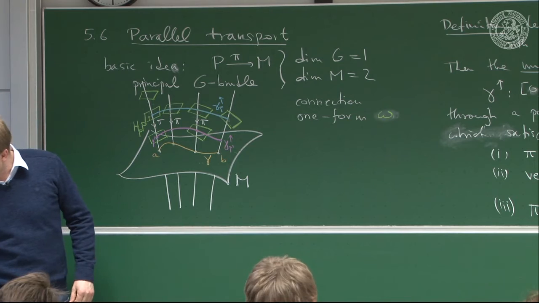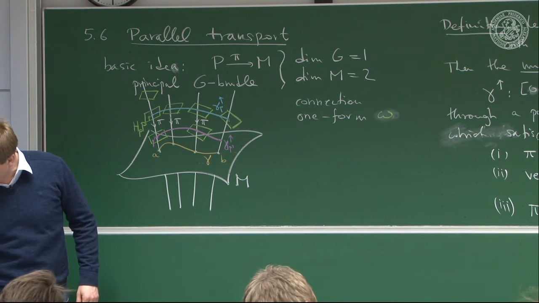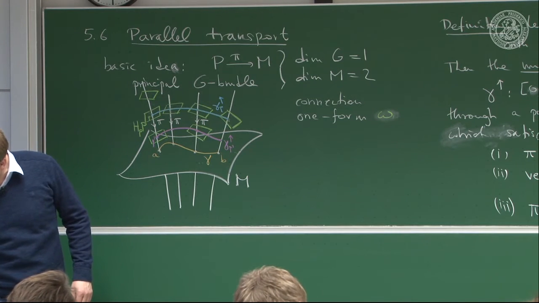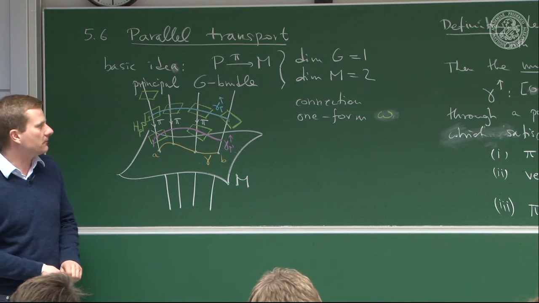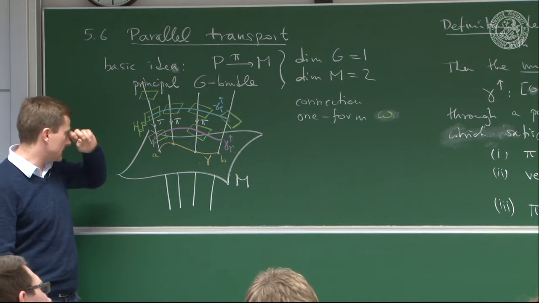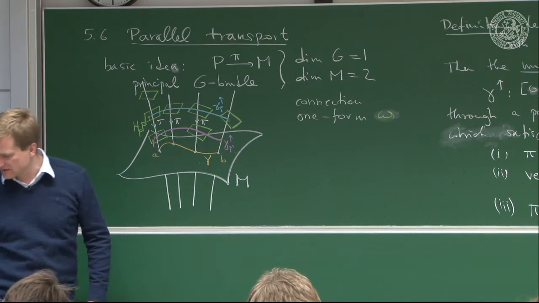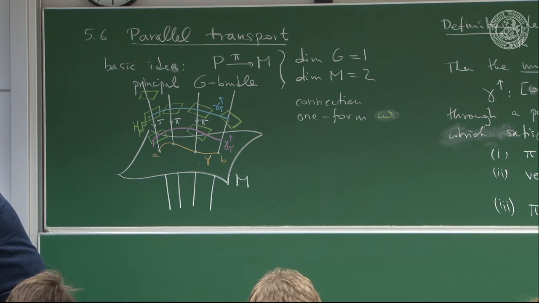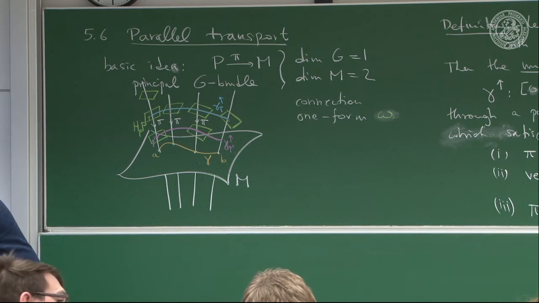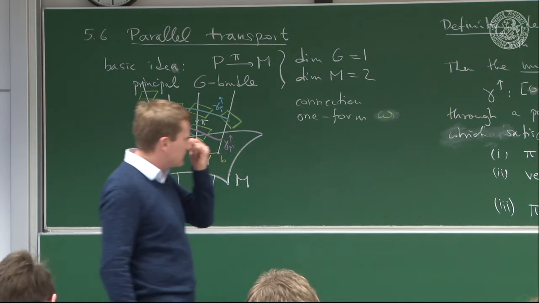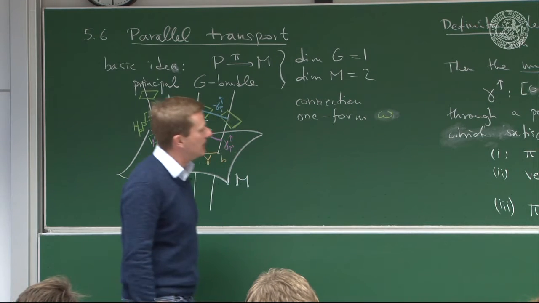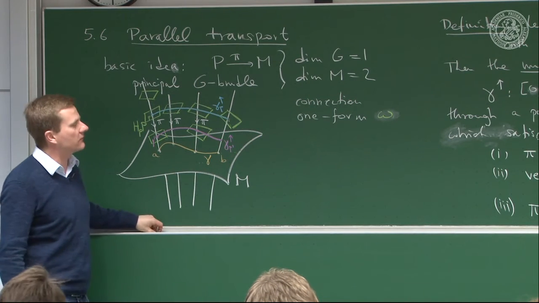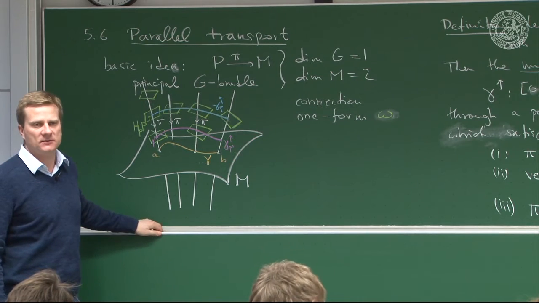Okay? So there are various horizontal lifts of one curve, but once you fix one of the points it goes through, it's a unique curve. One can prove this, but it's actually quite obvious. So, okay. So now this is a definition that allows you to check once you have a horizontal lift of a curve that it is a horizontal lift.